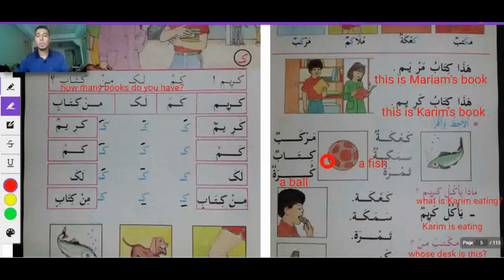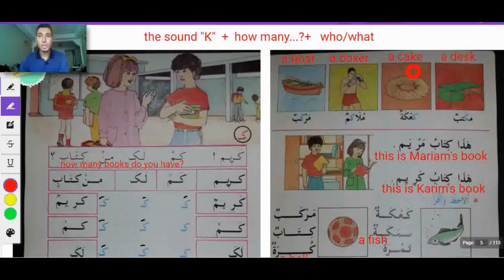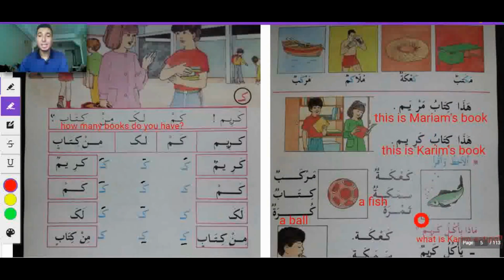So we have a picture here. We should know, is it ka'katun, which is a cake? Is it tamratun? We've already seen tamratun, a date, or samakatun, which is a fish.